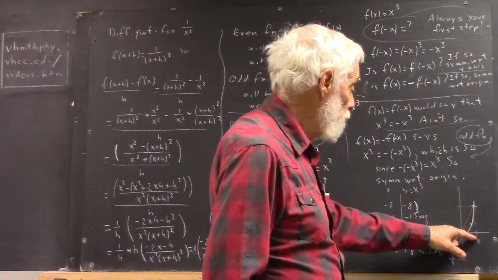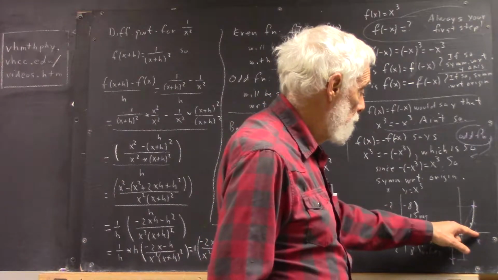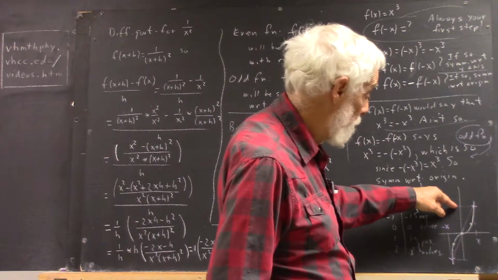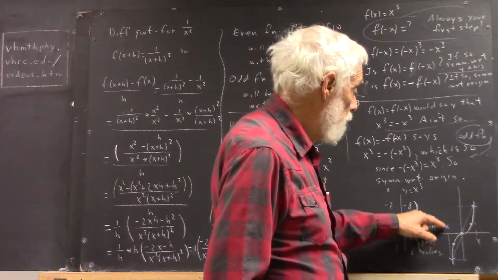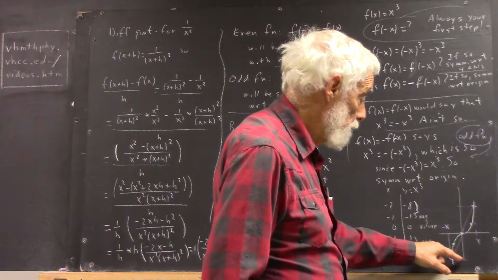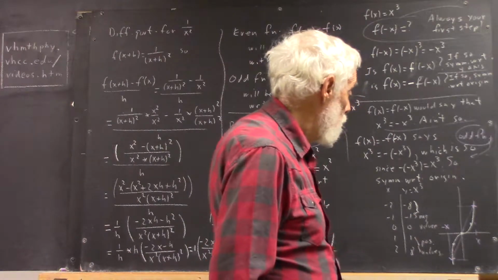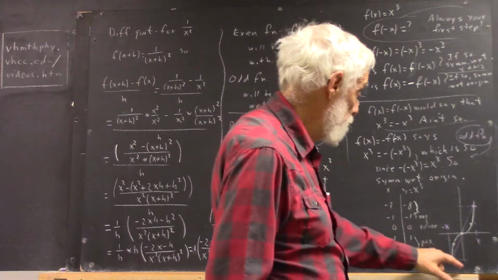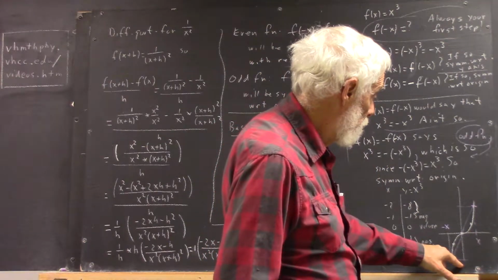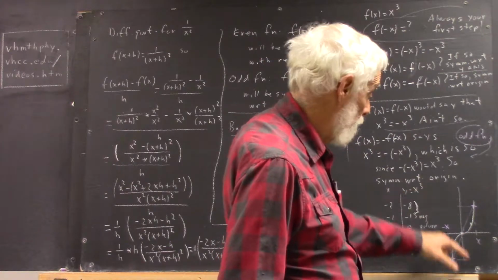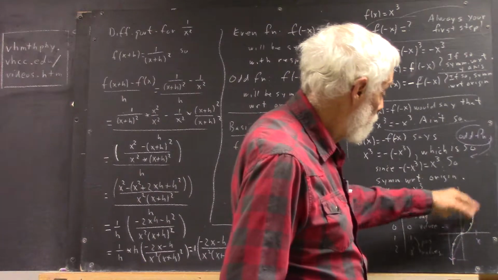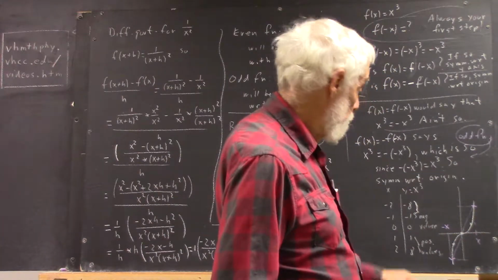The value on this function corresponding to x is the y-coordinate here, and the value at negative x is the y-coordinate down here. The condition that we satisfied here says that this is the negative of this.